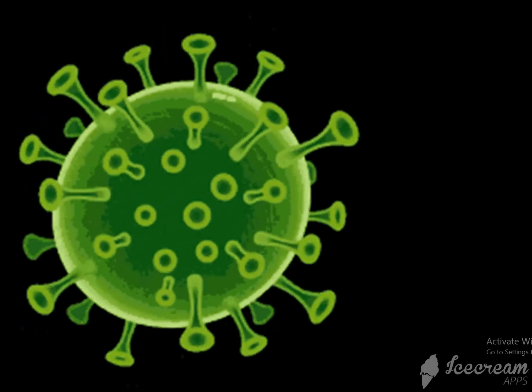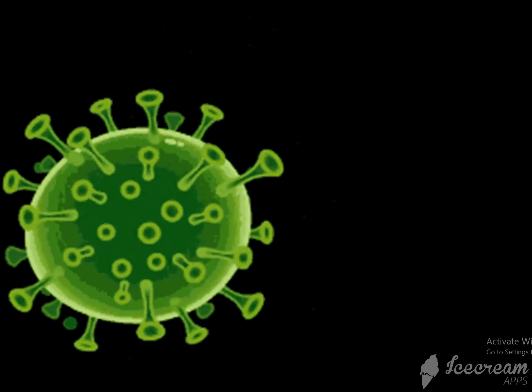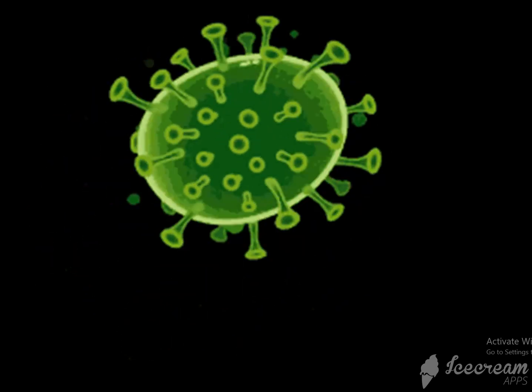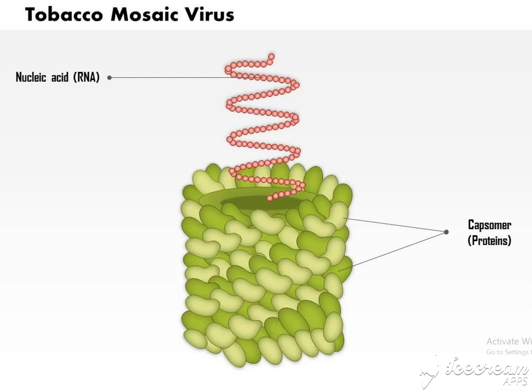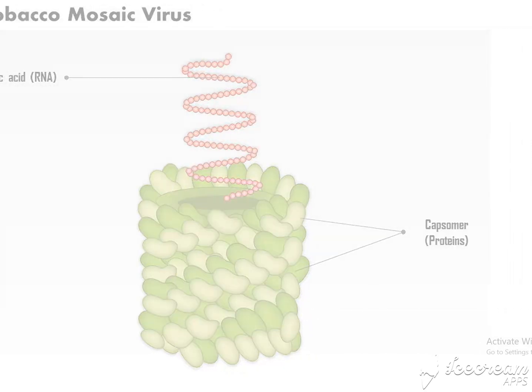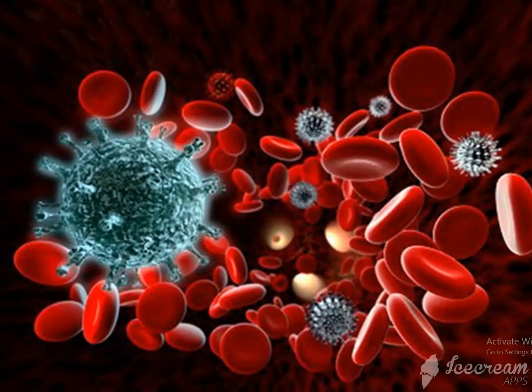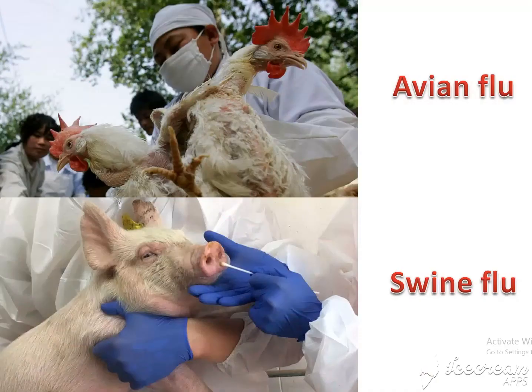And these viruses cause so many dangerous diseases in plants, animals and even human beings also. This is the tobacco mosaic virus or TMV, and it causes disease in tobacco plants. And this is the human immunodeficiency virus, HIV, and it causes AIDS in humans.